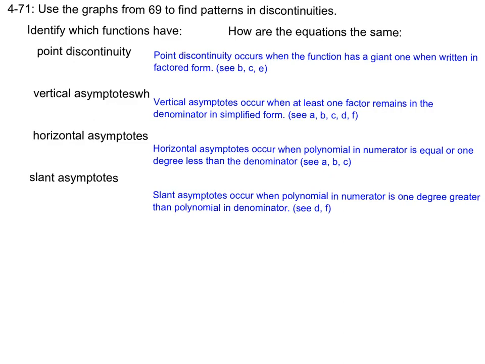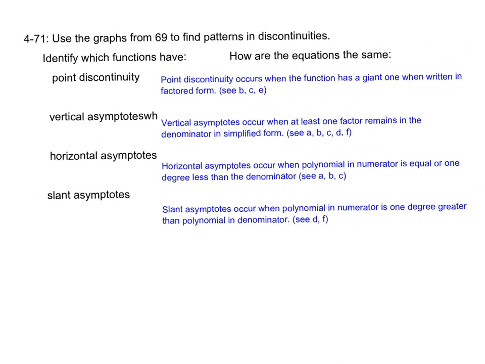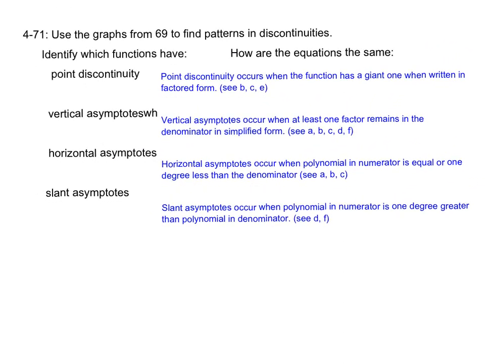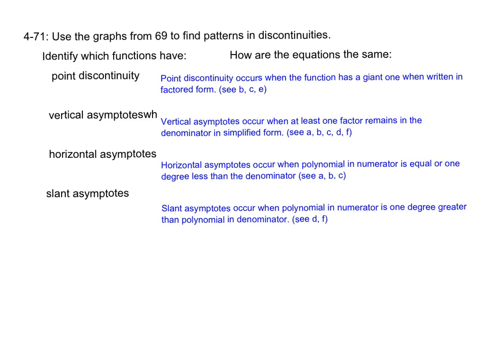As we take a look at the graphs that we created, in problem 69 we had A, B, C, D, E, and F. Things that we noticed is there were quite a few that had some point discontinuity. In other words, they had a hole.